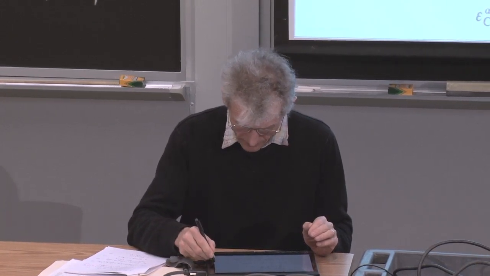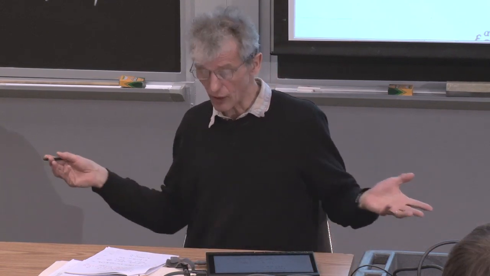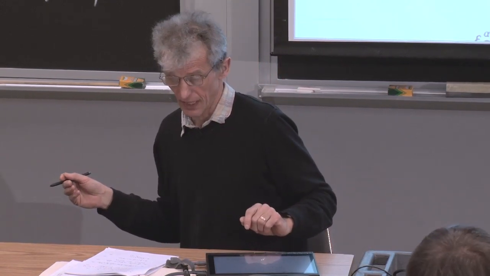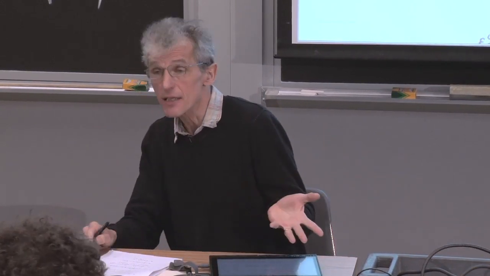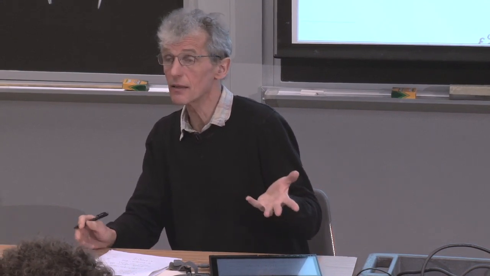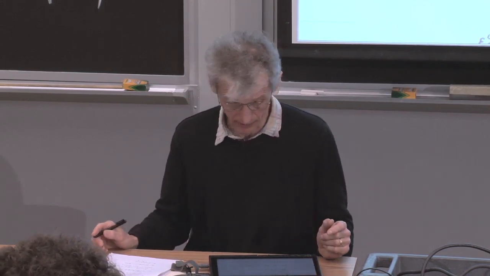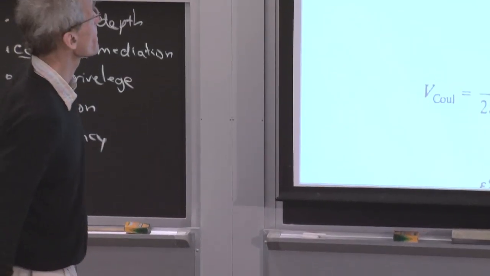So with that, we have our Hamiltonian. And a lot of what we discuss in this course is understanding this Hamiltonian, understanding its solution, understanding what is the physics described by that.